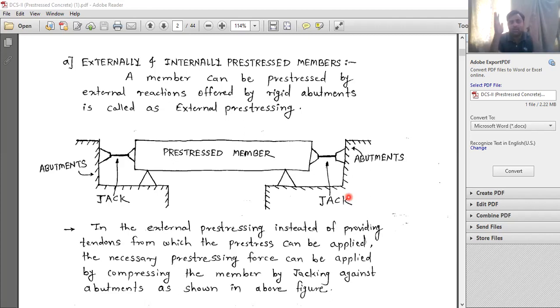A member can be prestressed by external reactions offered by the rigid abutment, which is called external prestressing. Whatever reactions are offered by this abutment, the force acts on this concrete member, and the prestress gets introduced.